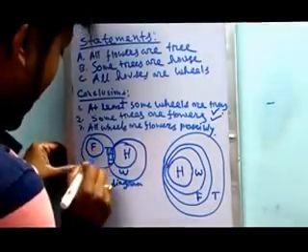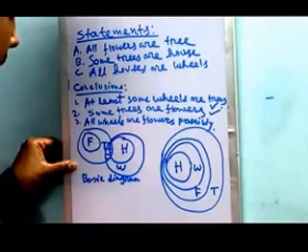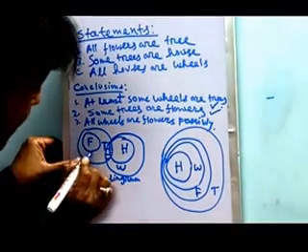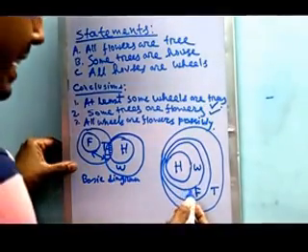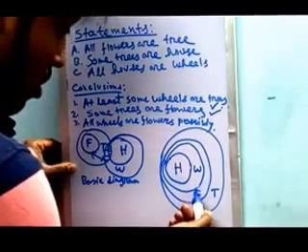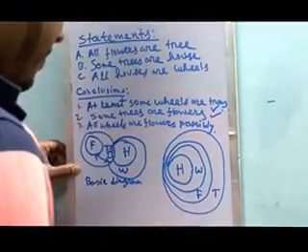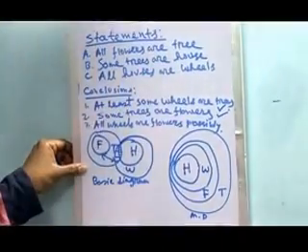As flowers is within the tree section and wheel is also within the tree section, there is a possible matching of flowers with wheels, which I have already drawn in this modified diagram.